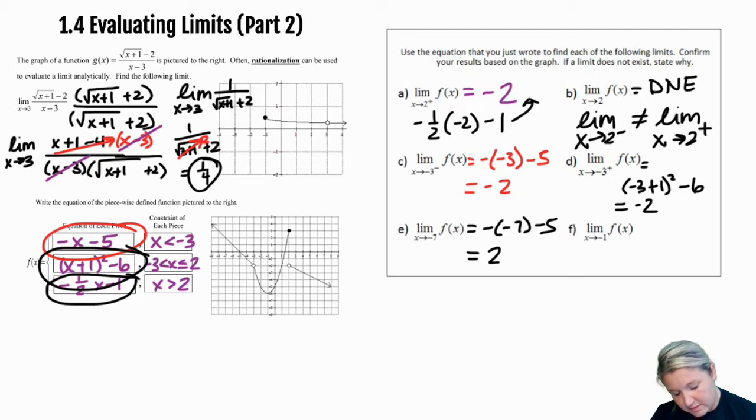And then the limit as x approaches -1 is going to be the parabola one as well. So I am going to end up with -1 plus 1 squared minus 6. And so therefore, I'm going to get -6.